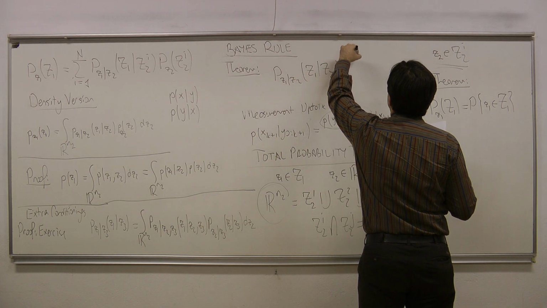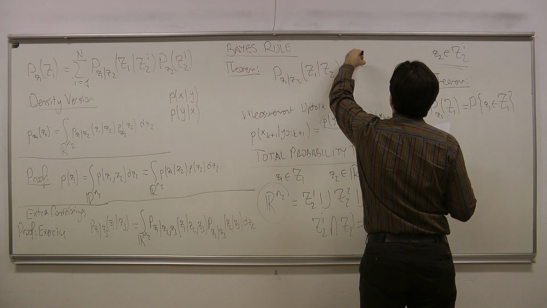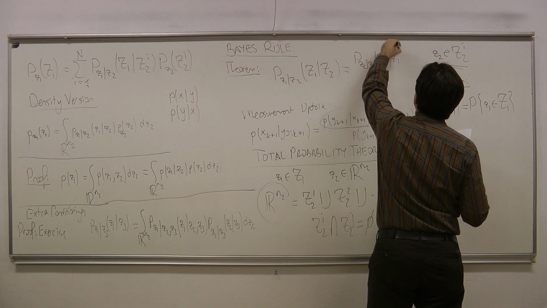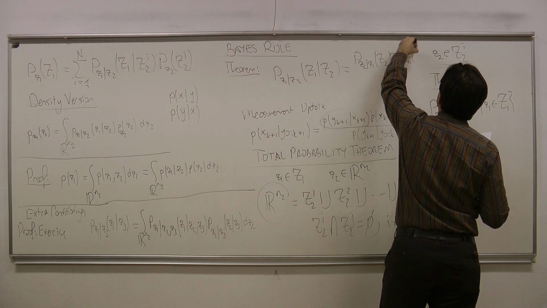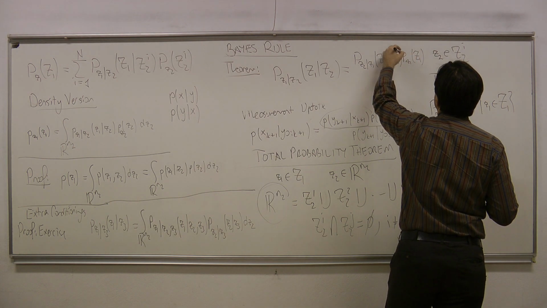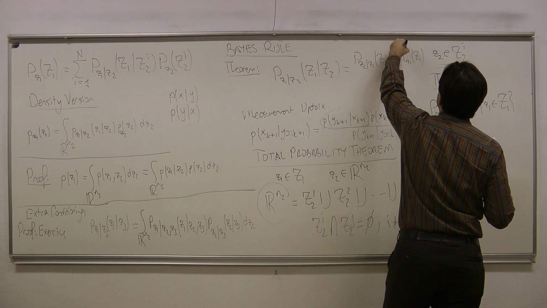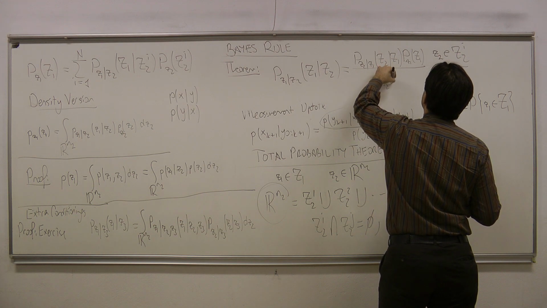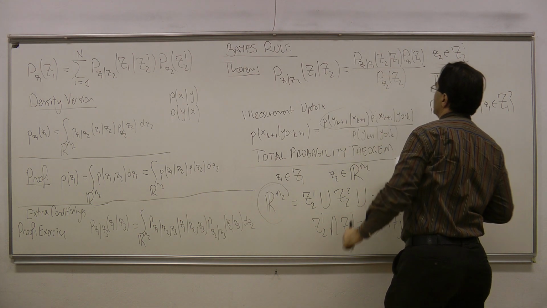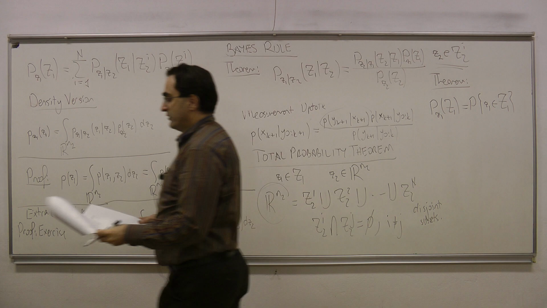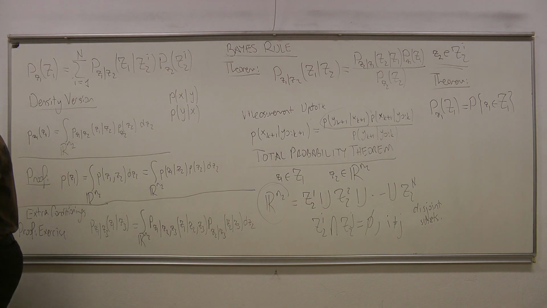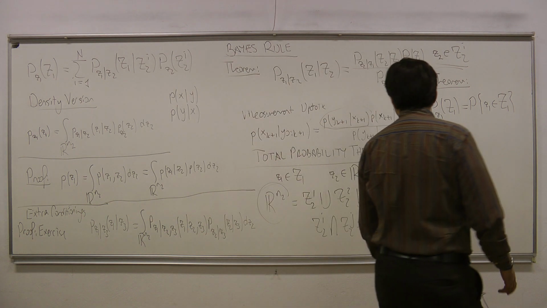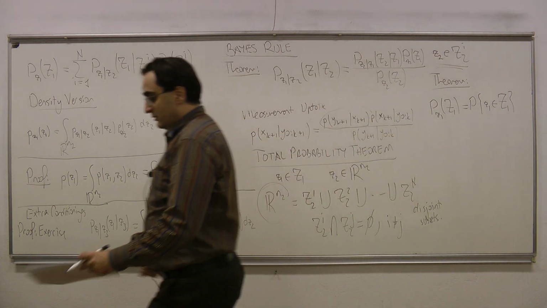This is equal to P(Z2 given Z1) times P(Z1), these are capital P's, divided by P(Z2). Okay? So this is the distribution version of the Bayes rule, or Bayes theorem, I can say.